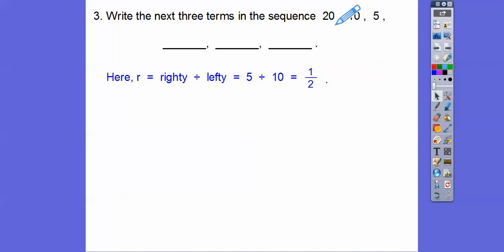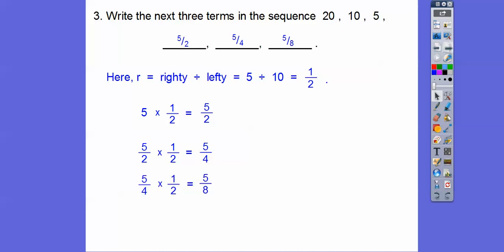So 20 times a half is 10. 10 times a half, times a half is the same as dividing by r, is 5. And then 5 times a half is going to get us 5 halves. Okay, and then 5 halves times a half is going to get us 5 fourths. 5 fourths times a half is going to get us 5/8.